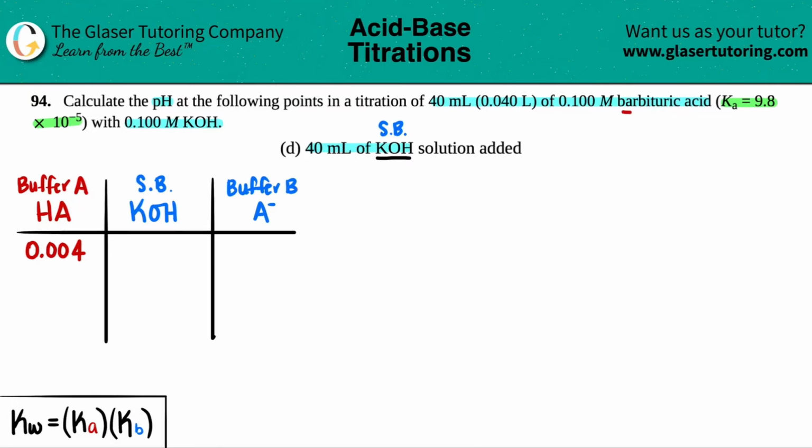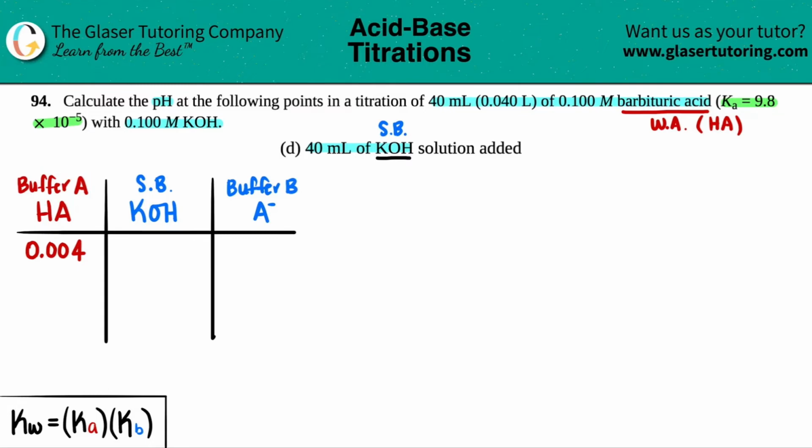That type of acid is not on my list of 6 strong acids, so it's classified as a weak acid. And just for simplicity, we labeled this acid as HA. So here's my HA, the barbituric acid. That's the buffer acid, A for acid.